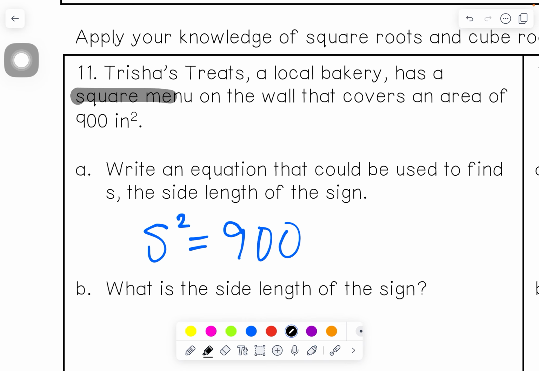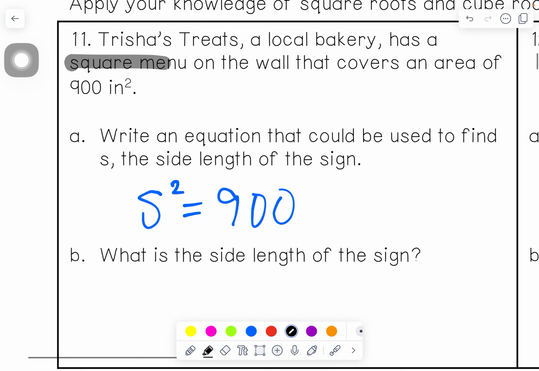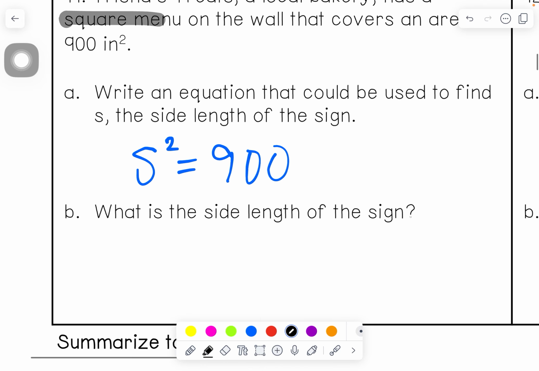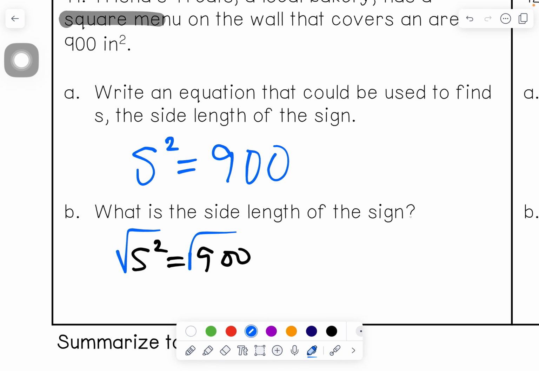In this case, it's a square menu. So what is the length of one side? I would take the square root of both sides to get my answer. If s squared equals 900, I would square root both sides, and I would find out that the length of one side is 30. And label this, because it's a word problem, inches.